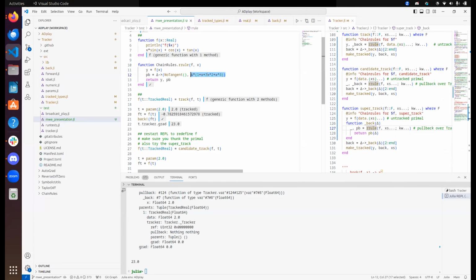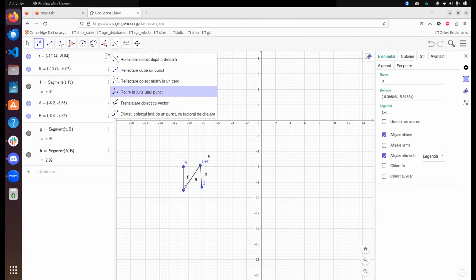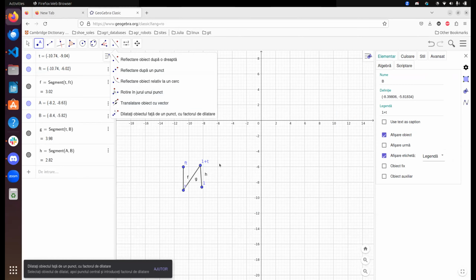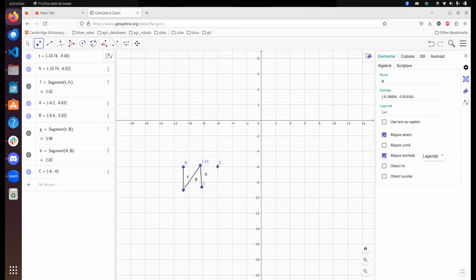So basically the next is 3 times 3 times 3 multiplied with x times 2. So we have here another node for x, so 3 multiplied with x times 2.